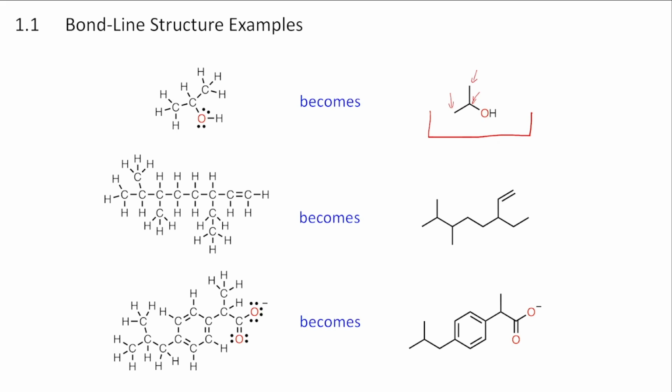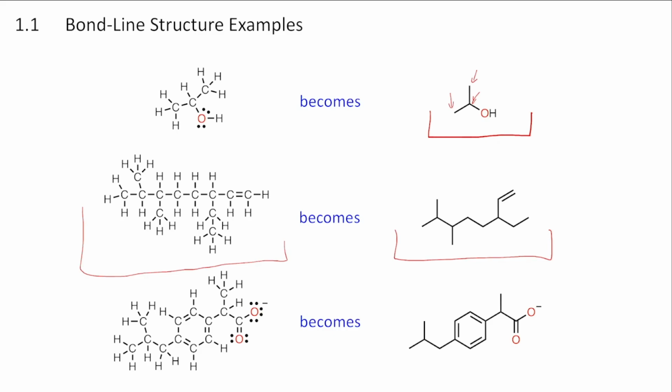In the next example, we have this very large looking complex molecule, with a lot of bonds and a lot of symbols, and it's difficult at first glance to grasp completely what's going on. But if we simplify it and draw the bond line structure you see on the right, it's much easier to see. All the hydrogens are gone here.